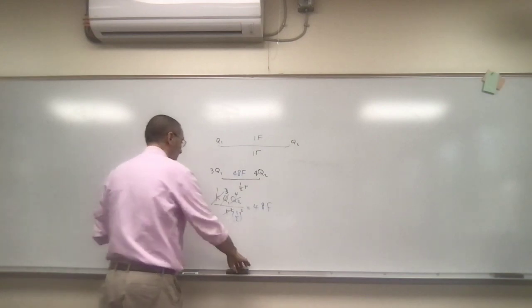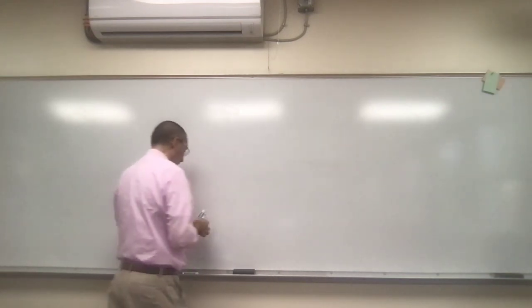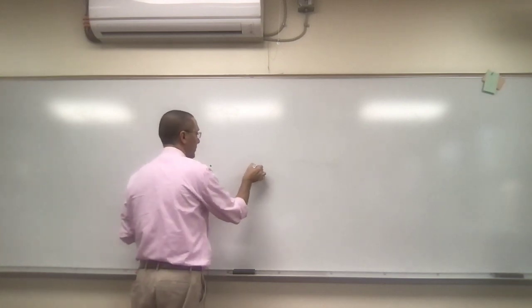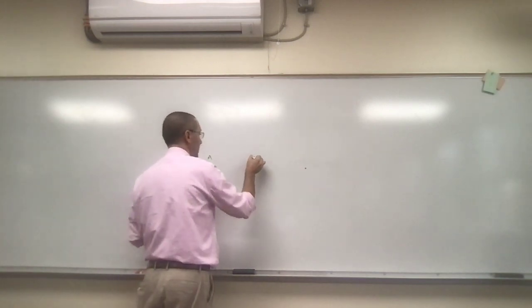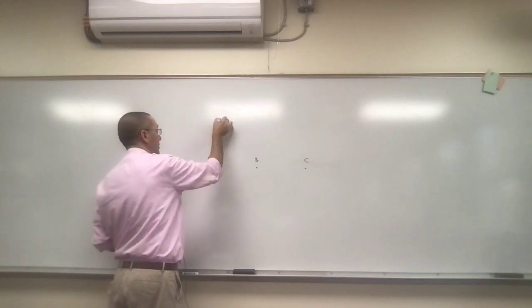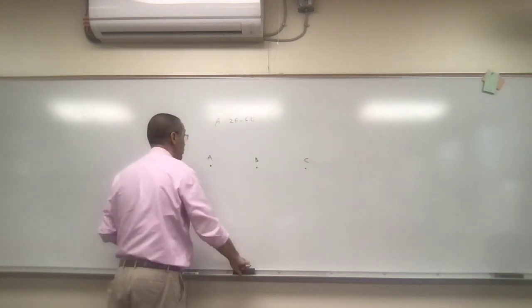All right, so let's do an example where we have multiple charges, and we're going to make them in line. For this class, we're just going to keep them in line. I'm going to call them A, B, and C. Let's say this charge A is 2 times 10 to the negative 6 coulombs, or 2 microcoulombs.